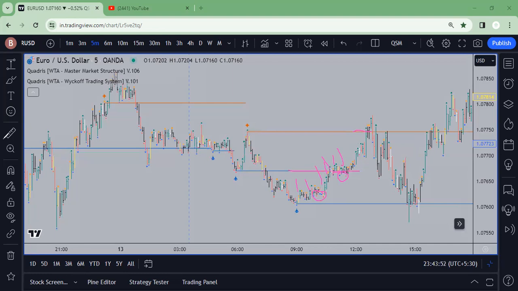First target was this. As soon as we started lifting from this point, this was the first target which was achieved. And after that, there was some sort of accumulation, or absorption, of this particular level, and then a lift off. This is the second target which was also achieved.